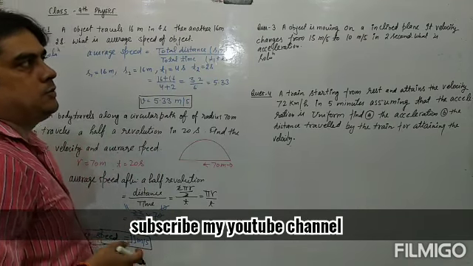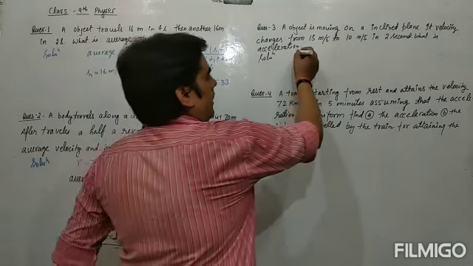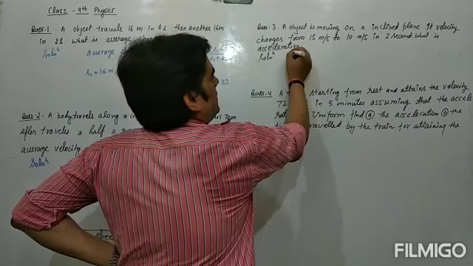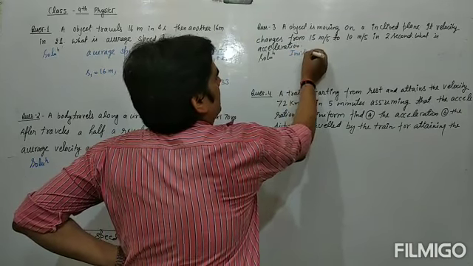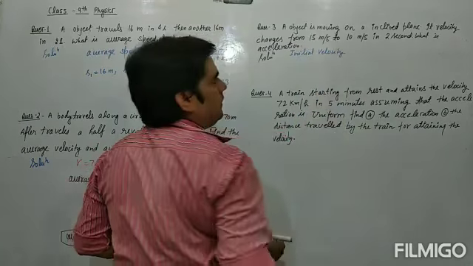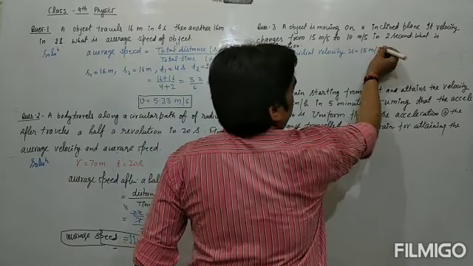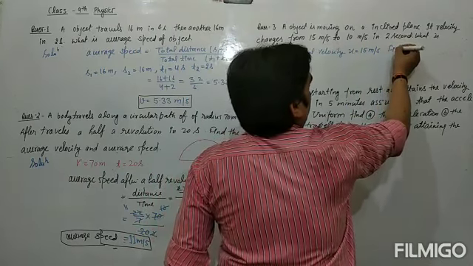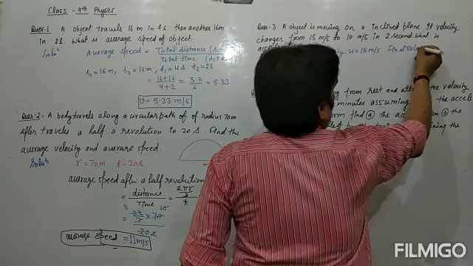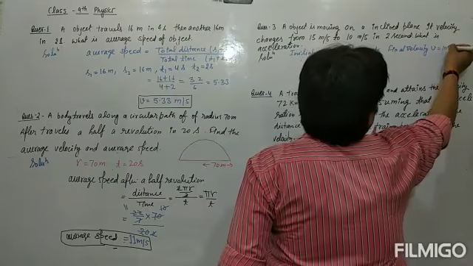Its velocity changes from 15 meter per second. That means its initial velocity u is equal to 15 meter per second, and the final velocity v is 10 meter per second.